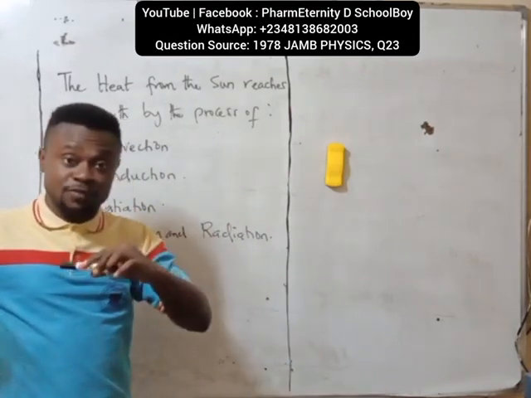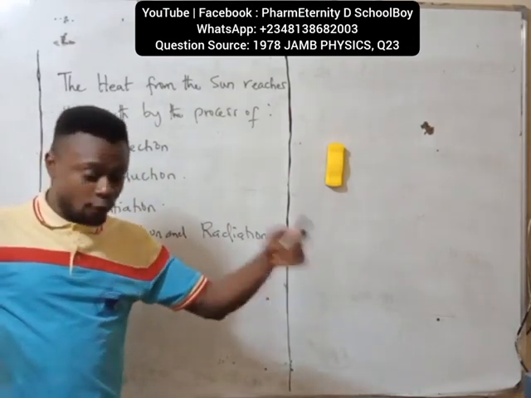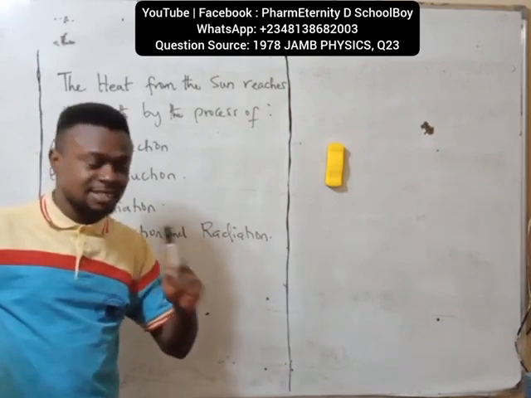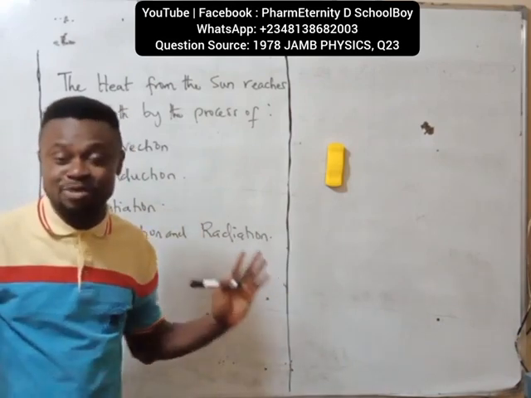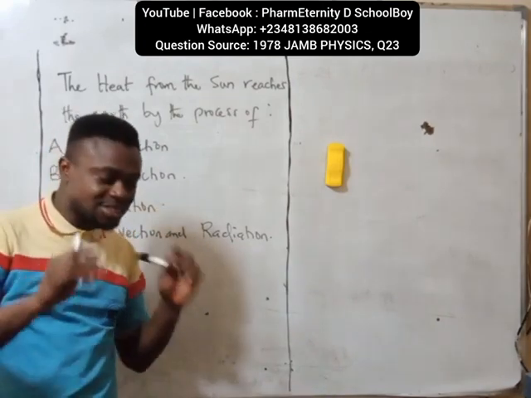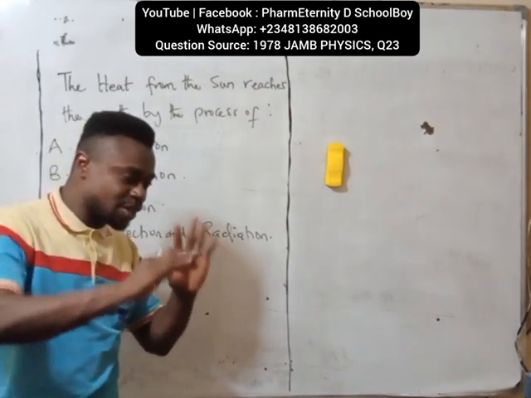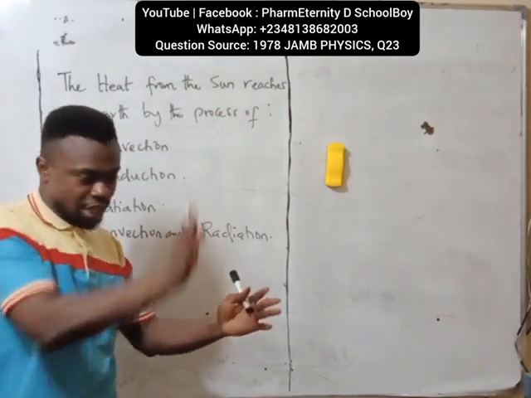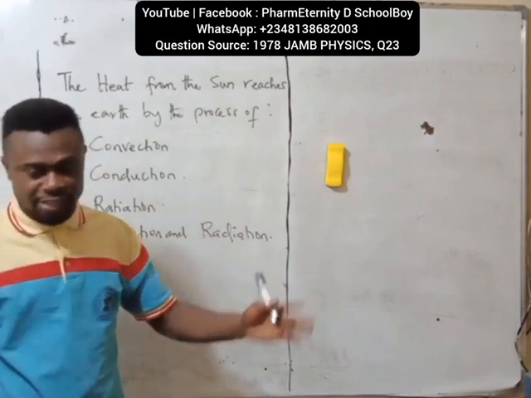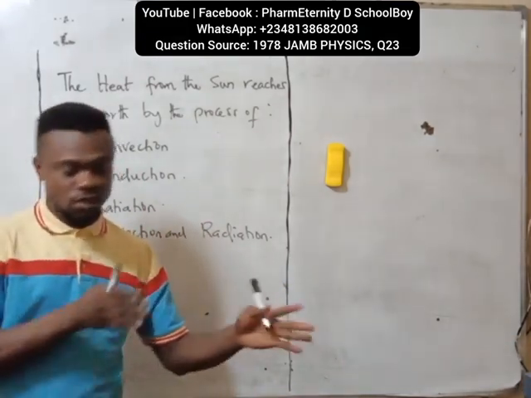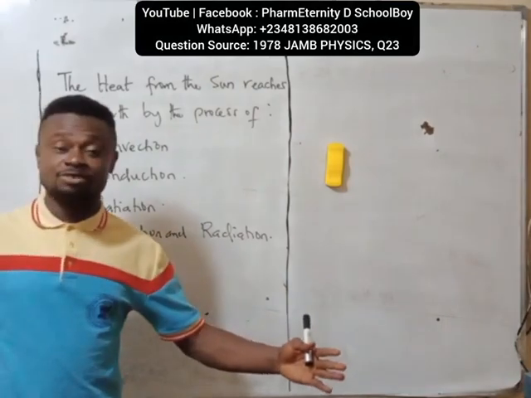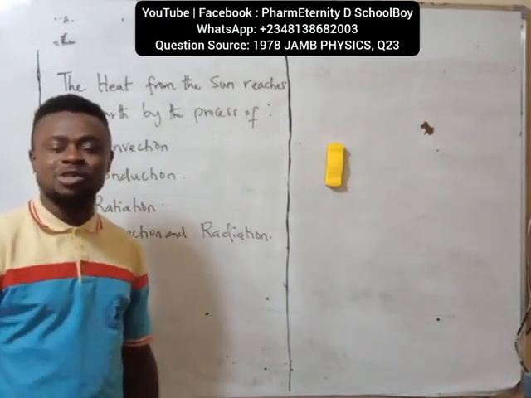Yes, the heat energy transferred from one particle to the other, but the particles did not change their position. They remain where they are. It's just the vibration and interaction between the particles that leads to transfer of the heat. That's what happens in conduction.